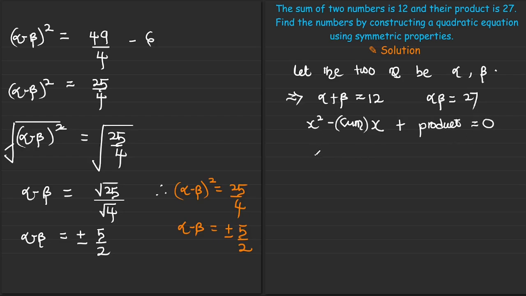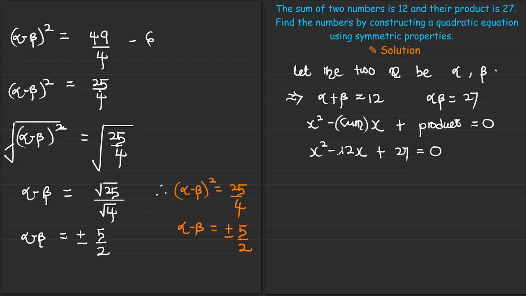So let's do our necessary substitution. We have our x squared minus the sum of the roots was 12. So minus 12x, then plus the product of the roots was 27. So plus 27 is equal to 0.